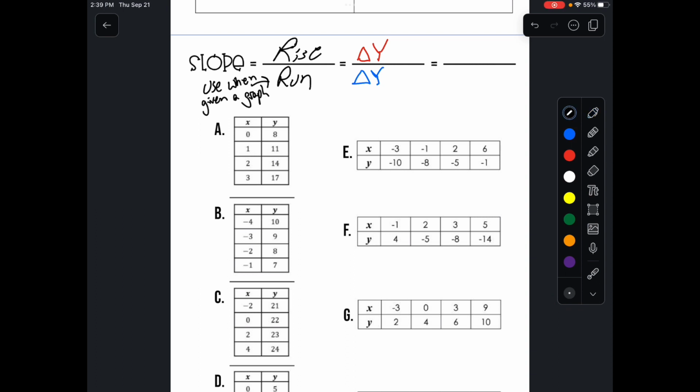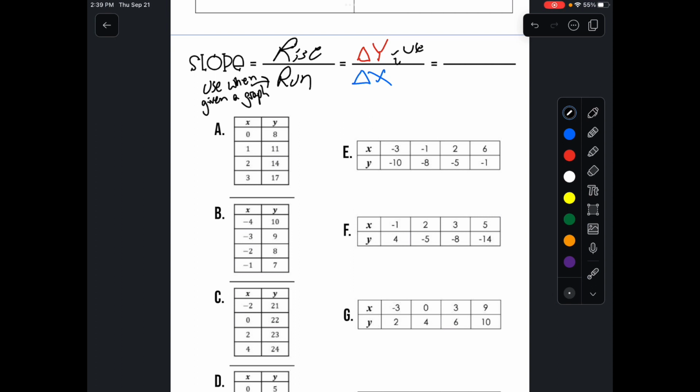And it's really meaning kind of like the subtraction, the difference between our two y values that are right next to each other over the difference in our two x values. That makes a difference when we're given these tables here. So we're going to use this change in y over change in x.